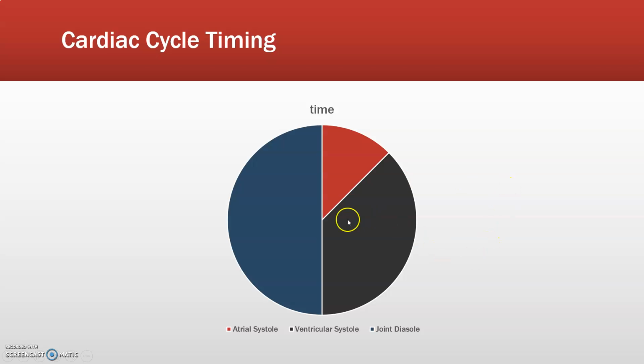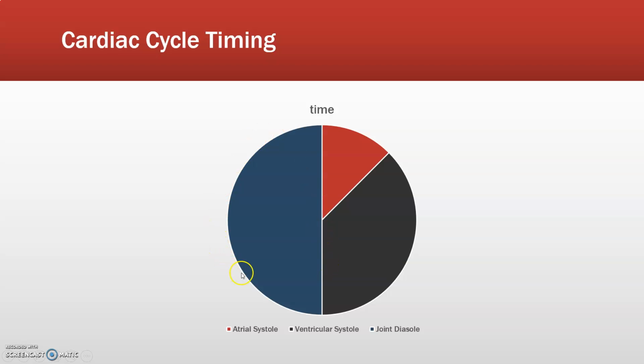Next, you can see here, for 0.3 seconds occurs the ventricular systole, in which the ventricles contract. It lasts for 0.3 seconds, in which the semilunar valves open and the AV valves are closed.